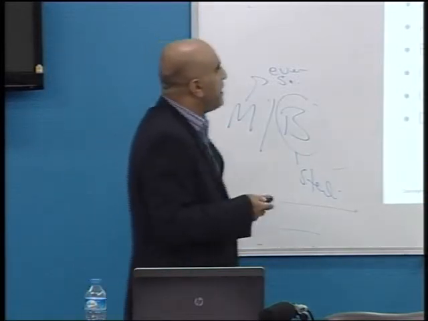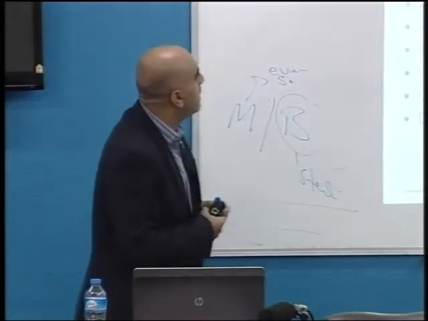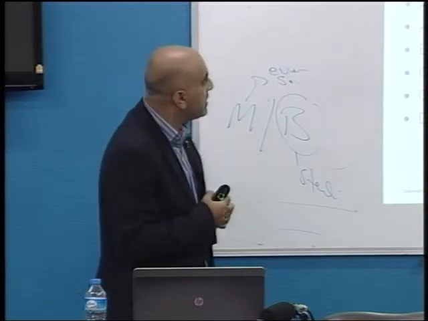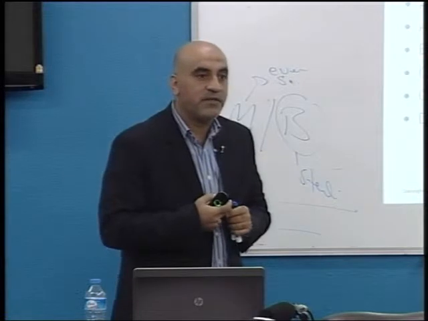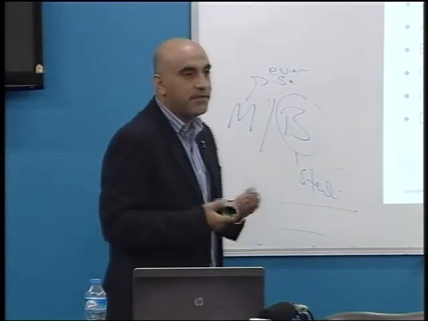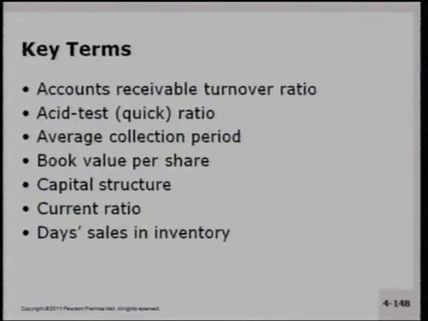Just to remind you of the key terms in this chapter. Account receivable turnover: how many times we converted the account receivable into cash. Acid test, the quick ratio, is measuring the liquidity. Average collection period: how long it takes to convert account receivable into cash. Book value per share, we explained it just now. Capital structure is how we use the equity and the debts.